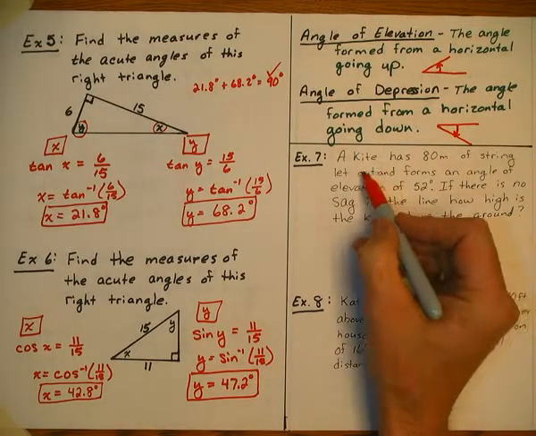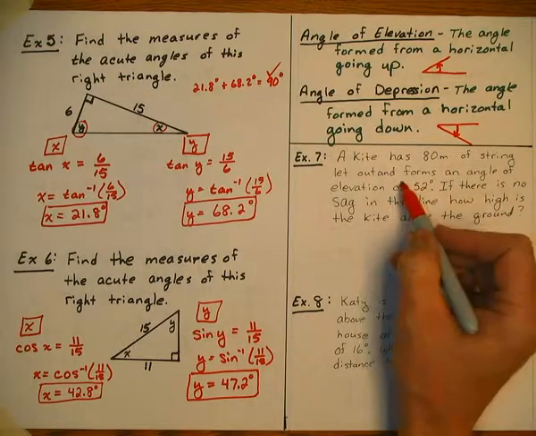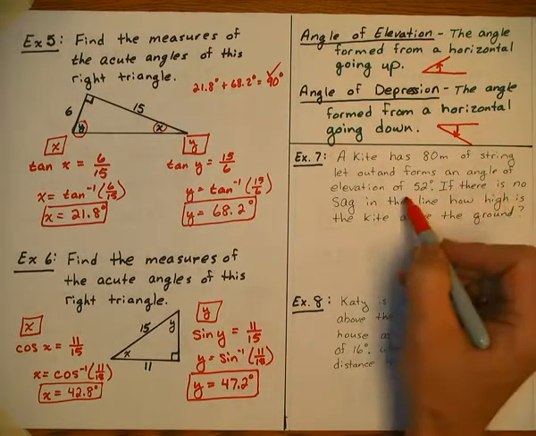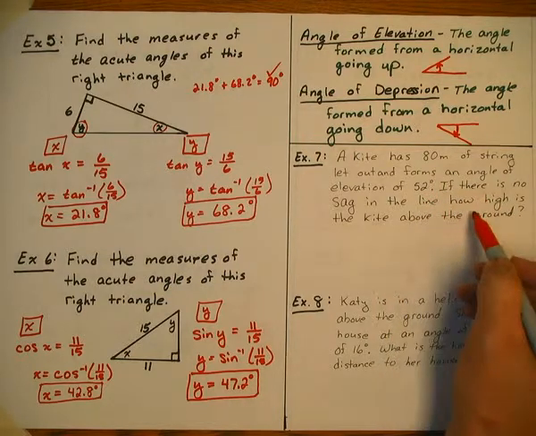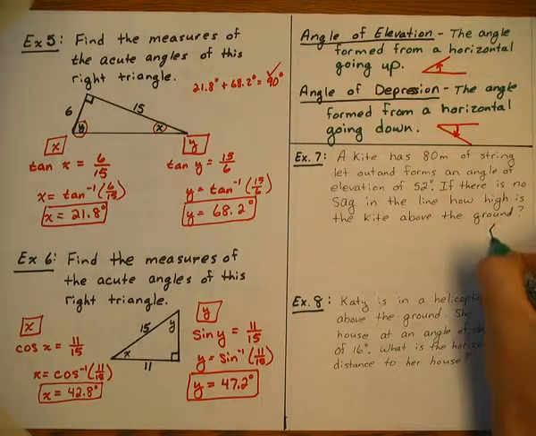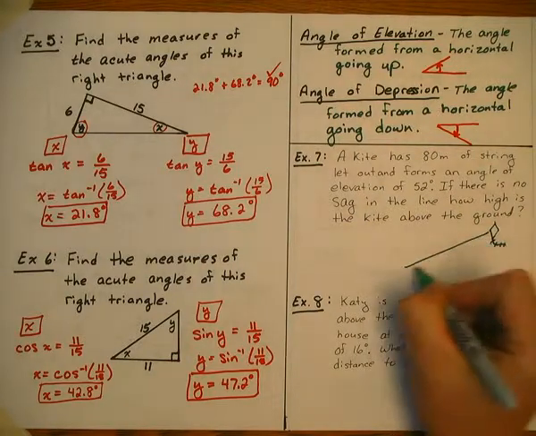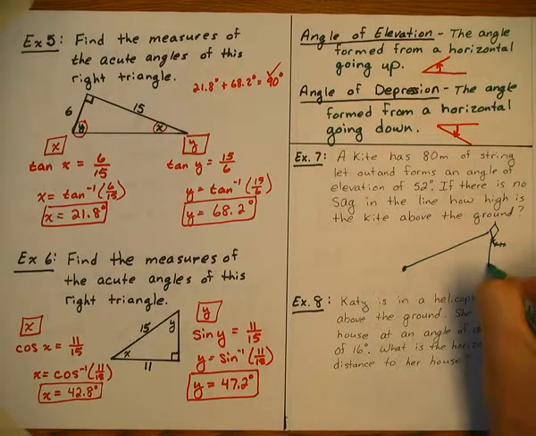So look at the application problem here. The kite has 80 meters of string let out and forms an angle of elevation of 52 degrees. If there is no sag in the line, how high is the kite above the ground? So if you'll just draw a picture with this, you've got a kite right here.